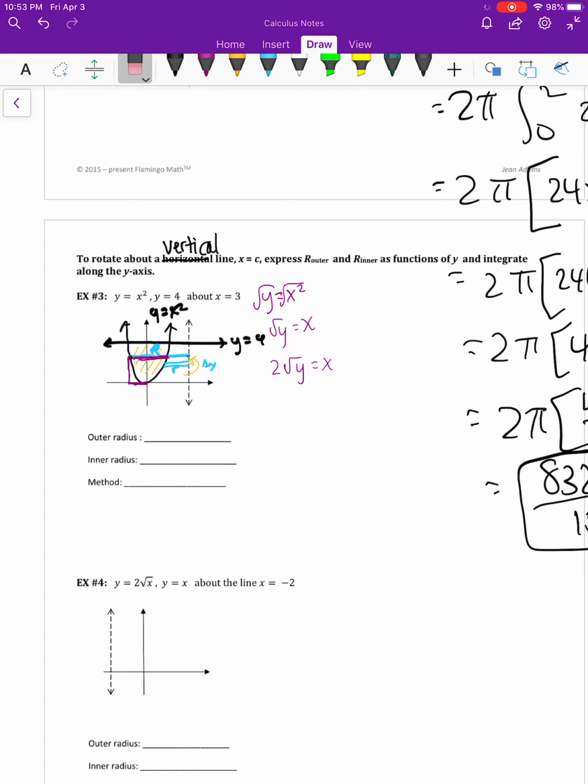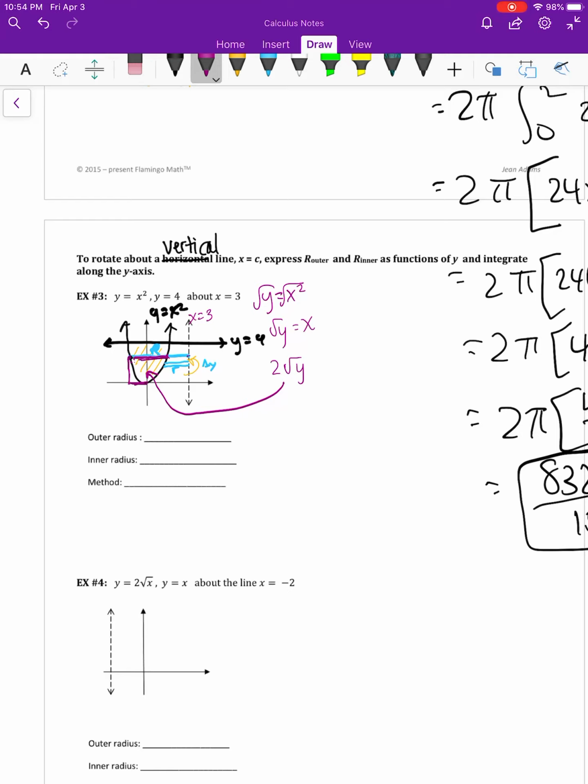I guess I shouldn't have said equals x because that is just this piece, those two pieces right there. Now we've got this piece right here. So what is that going to be? How are we going to figure that out?